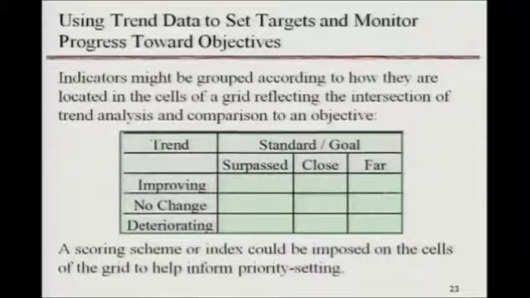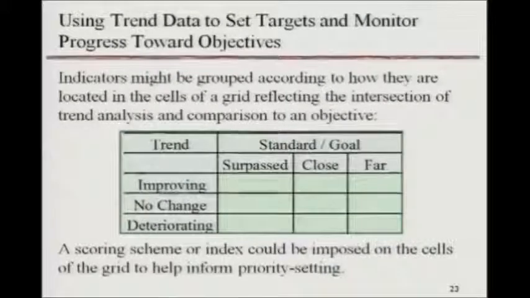And I like making matrices like this, and again, as help in the prioritization process too. So I've crossed how far with trend data, where we are in relation to a standard or a goal, and what's been happening over time.